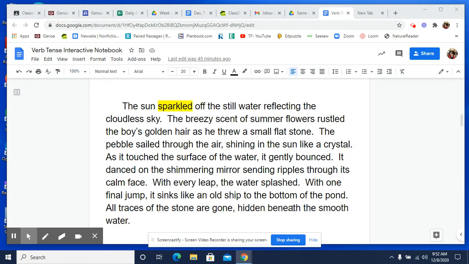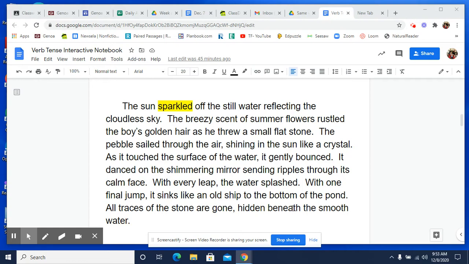We've talked about how to write dialogue the proper way, which can be a little confusing. And then the last thing we talked about was transitions and how the transitions help make your story flow more smoothly. Well, this is our last little mini lesson before we start writing our narrative.